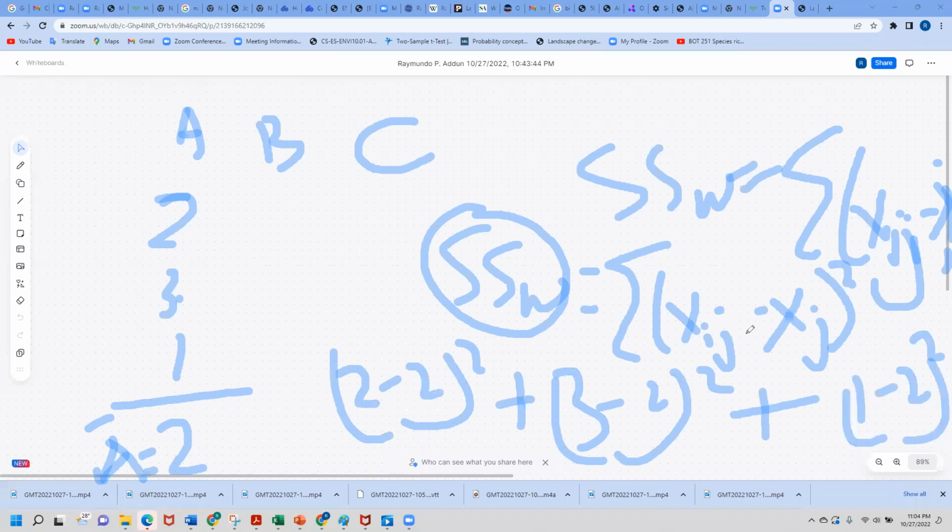That's how you operationalize this, right? And so we have the sum here. Okay, it's for A, and then for B, you do the same as you did in A, and for C as well. Then you sum them all.